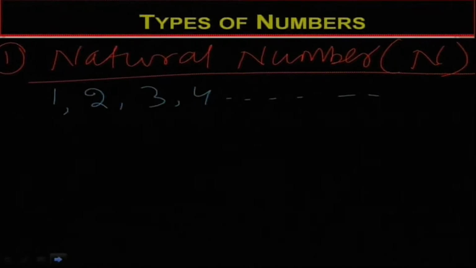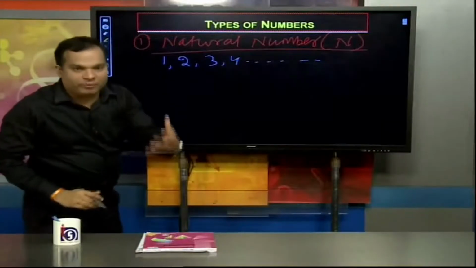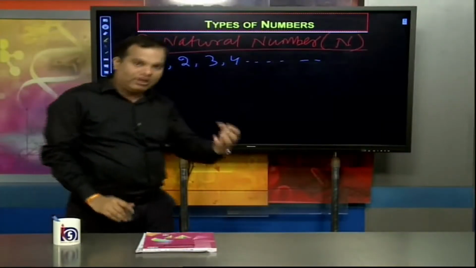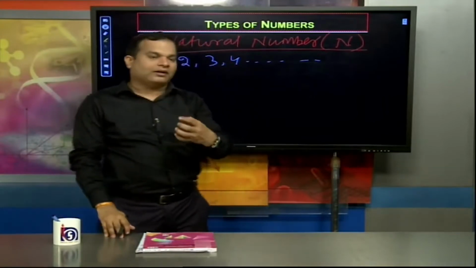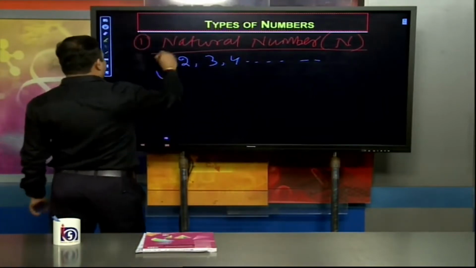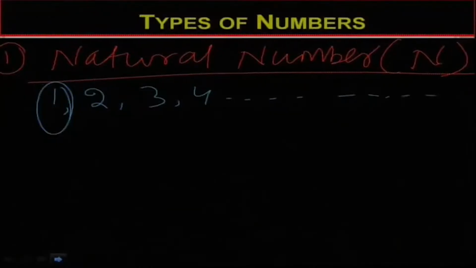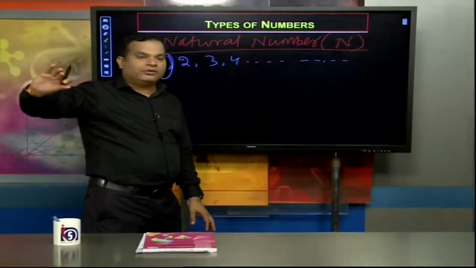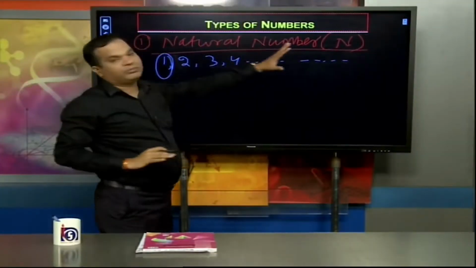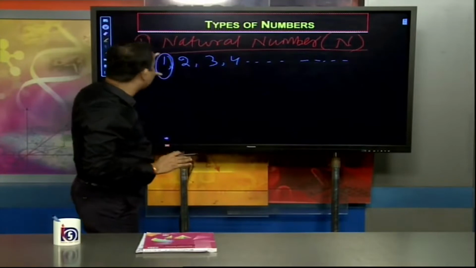These are called the natural numbers, and they are basically used for the purpose of counting. Natural numbers start from 1. This is the beginning. But the last number we don't know, as it is spread up to infinity. So we cannot say the last natural number, but the first number is 1.